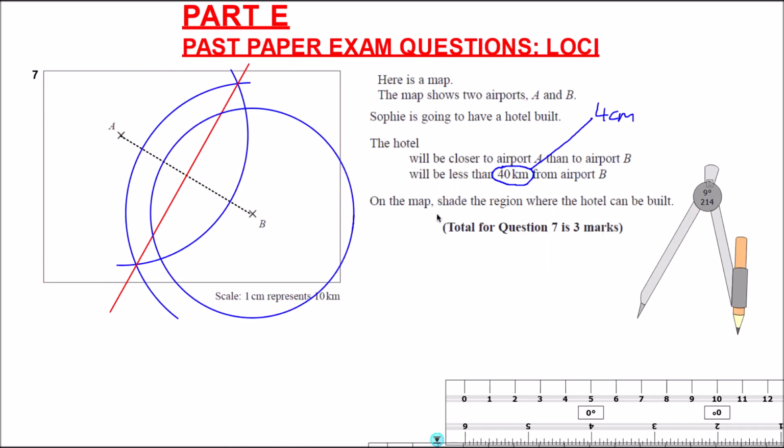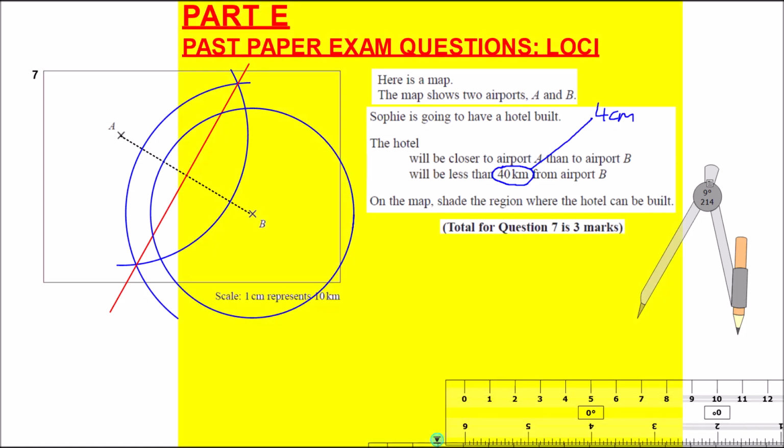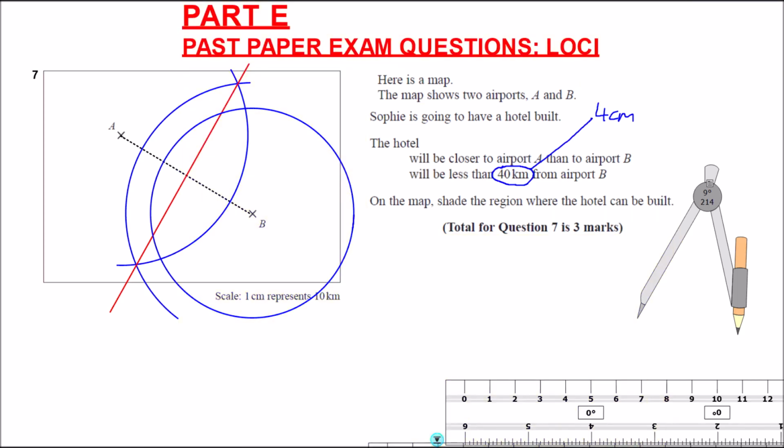So it needs to be closer to A than B, so it needs to be this side of the red line, but also needs to be within the big blue circle I've just drawn. And the only way for that to happen is for it to be in between the red line and this blue circular curve. That is definitely not right. So again, sometimes I try these tools on my screen, it doesn't work quite as expected. So what I'm going to do here is just shade it in manually for you for the region we're interested in.